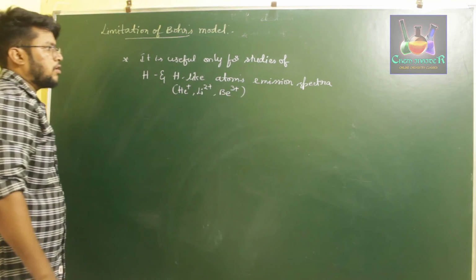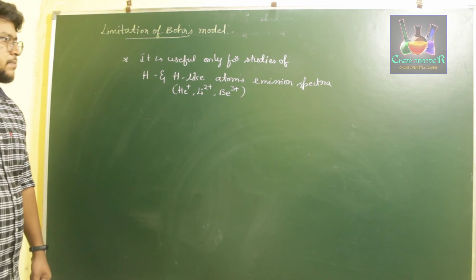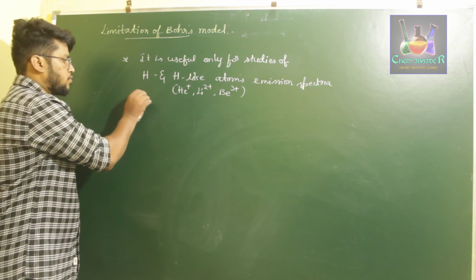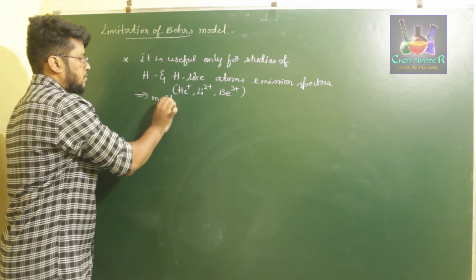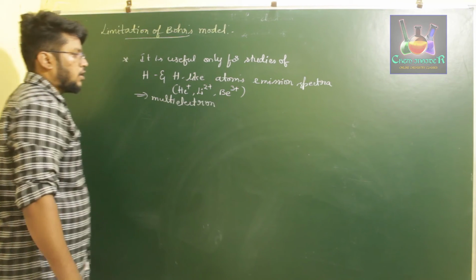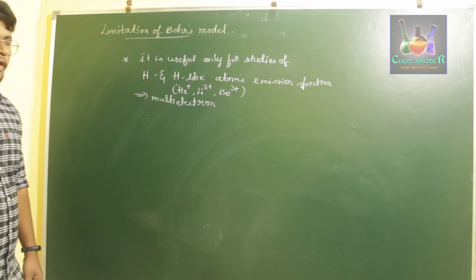So it was useful only for those atomic systems which had only one electron. Therefore it is clearly not useful for multi-electron systems. The line emission spectrum of multi-electron systems was not explained by Bohr's model of an atom.